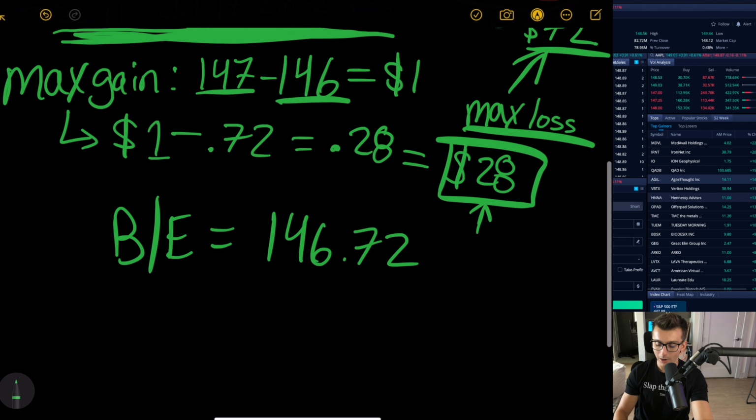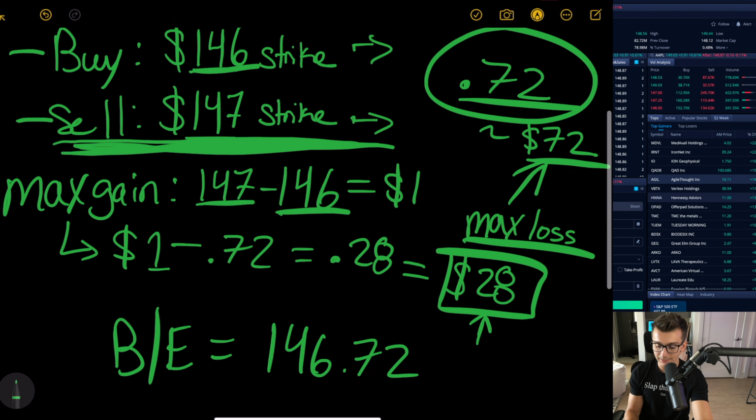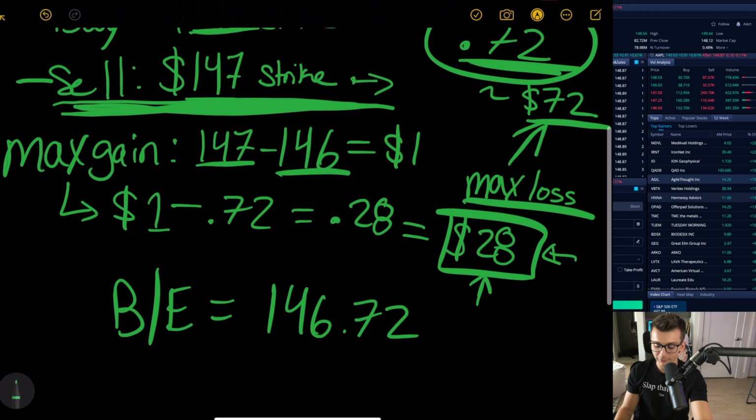146.72. Why is that interesting, or why is that familiar, right? Well, that's because it's going to cost us this 72 cents for these contracts, and if all goes right, our max gain is 28 cents or $28 in this situation. And for us to break even, for us to get back what we put in, not make any money, not lose any money, Apple would have to close at 146.72.